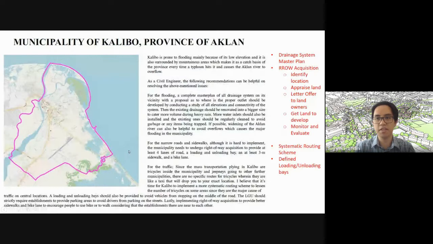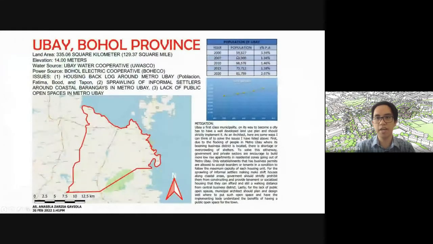And then over here in Ubai, we have 3.5%, and then it slows down to 1.34%. It would be interesting to see what the 1995 numbers would be, so we have a frame of reference. But basically, yes, increasing population, which is good, but it comes with a lot of problems.